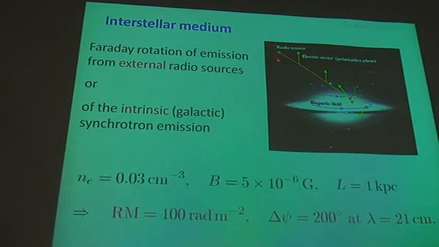So while propagating through an intergalactic medium, the rotation is relatively small, but it's unimportant. I don't care much about that. But as soon as the emission enters the region of relatively strong magnetic field and dense plasma in the Milky Way, then the polarization angles start rotating, and this I can detect. By the way, this background image is an S0 galaxy.